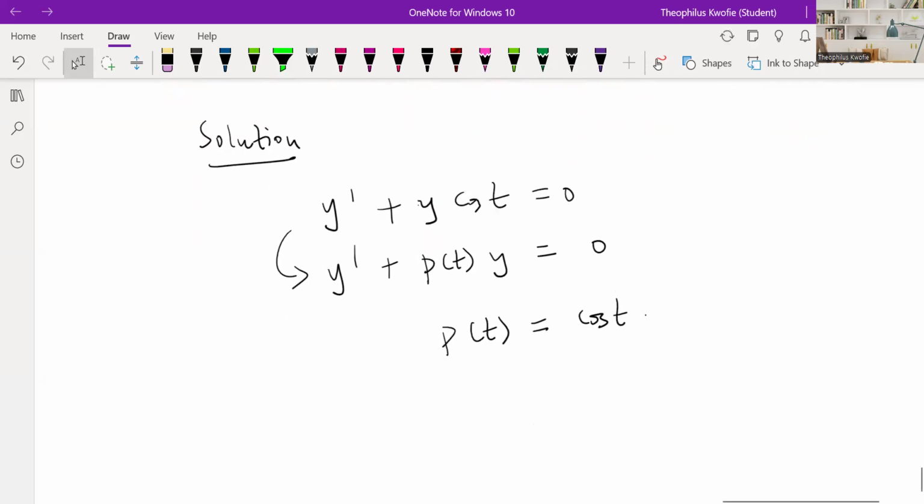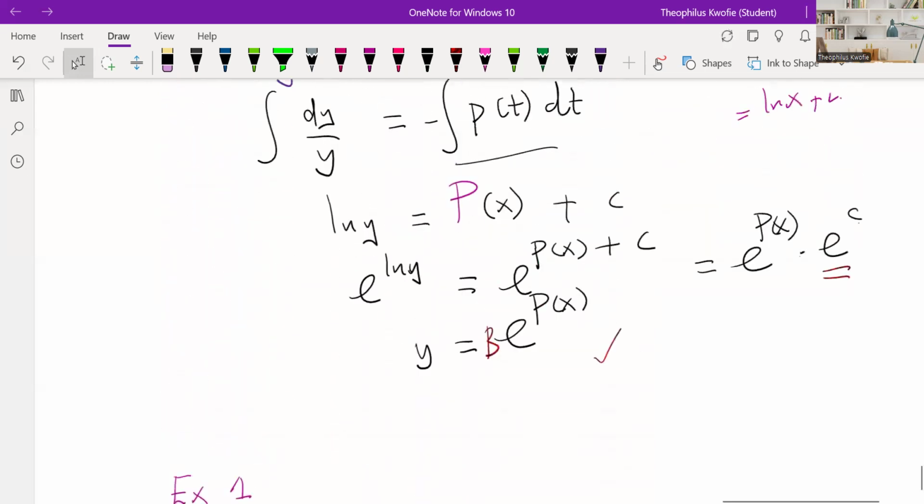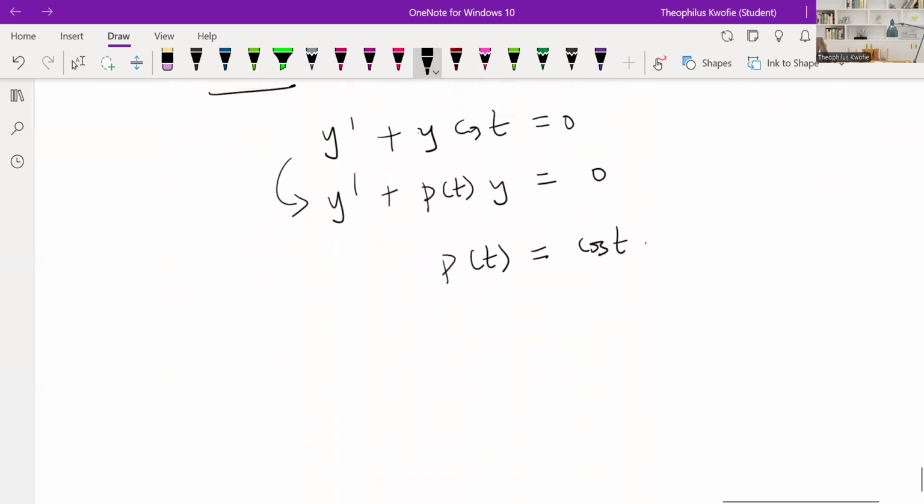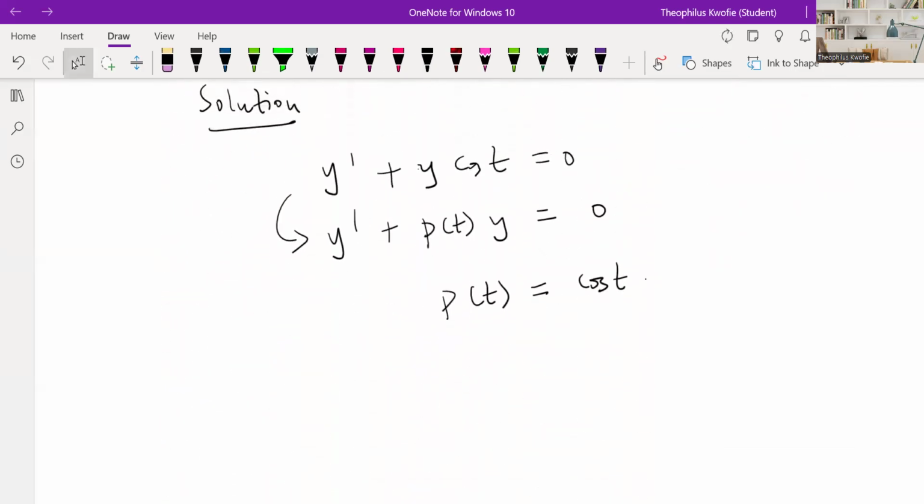We said that this big P is the antiderivative of the small p here. But if that is going to be a problem, you may want to solve it straight away, so that we don't find ourselves wanting.